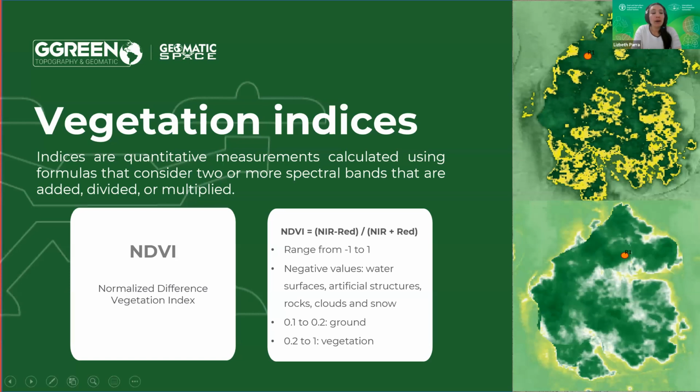Como mencionaba anteriormente, esa información que es adquirida a partir de los sensores y de la evaluación de la reflectancia que se da en las plantas se tiene que evaluar. Una de las formas en que esta información se evalúa es a través de los índices de vegetación. ¿Qué son los índices de vegetación?